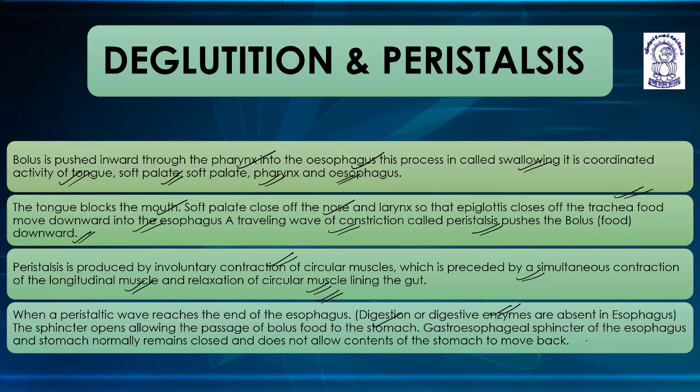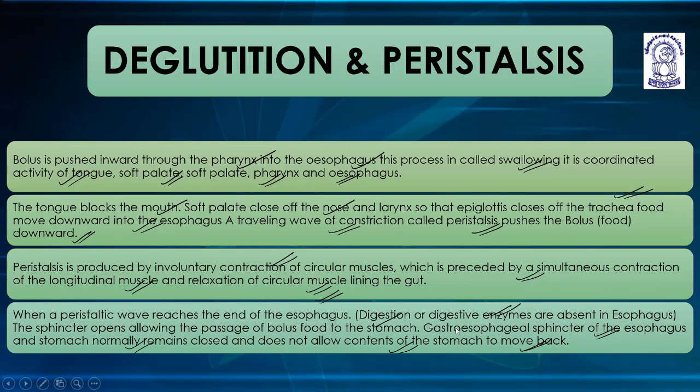The gastroesophageal sphincter between the esophagus and stomach normally remains closed and does not allow the contents of the stomach to move back. Reverse peristalsis is prevented by the gastroesophageal sphincter, or the lower esophageal sphincter. The lower esophageal sphincter is the gastroesophageal sphincter only. There is no difference, so please remember both of these names, right?